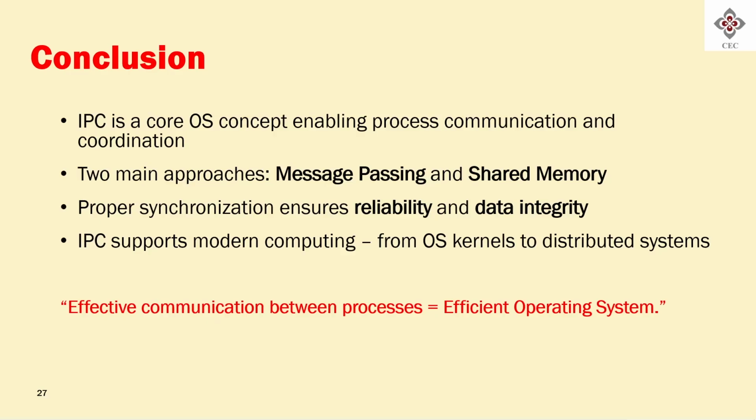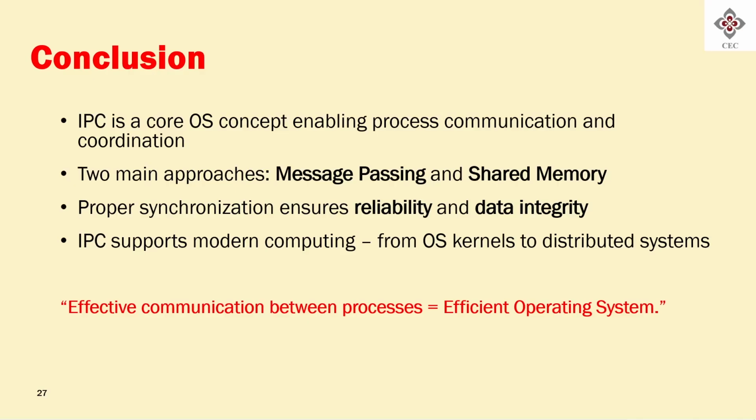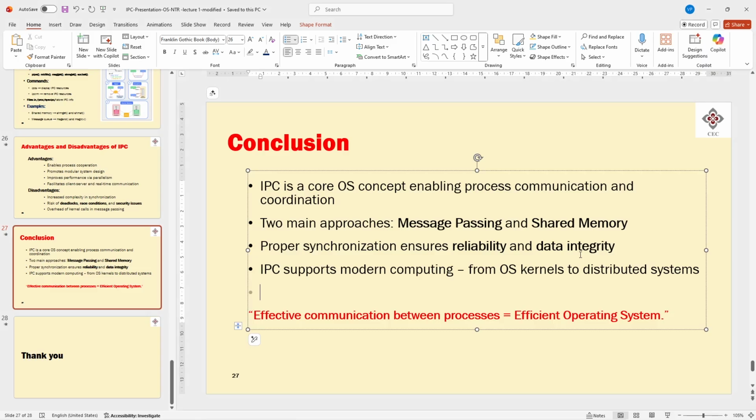So, it ensures reliability and data integrity, and it supports modern operating systems from OS kernels to distributed systems. IPC is the main mechanism that enables different processes to communicate with each other in a cooperative way to build high end complex systems that are used by all organizations. Overall, effective communication between processes will lead to an effective operating system.